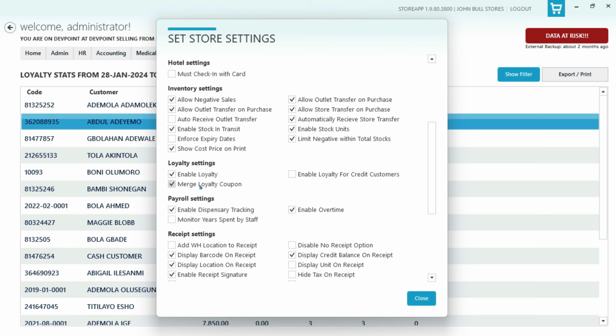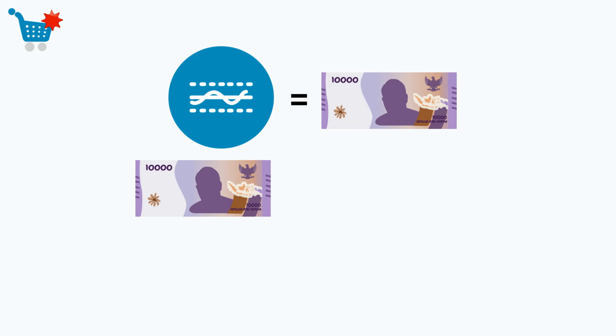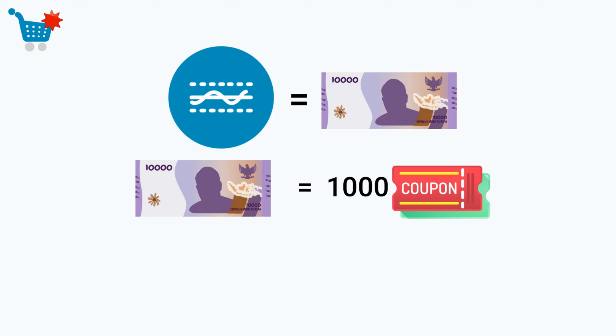Now, this extension that we just did to the merge loyalty coupon allows us to generate multiple values for a coupon in one transaction. So let me give you an example. Assuming we set the threshold of the coupon to 10,000, and for every 10,000, a customer will get a coupon of 1,000.